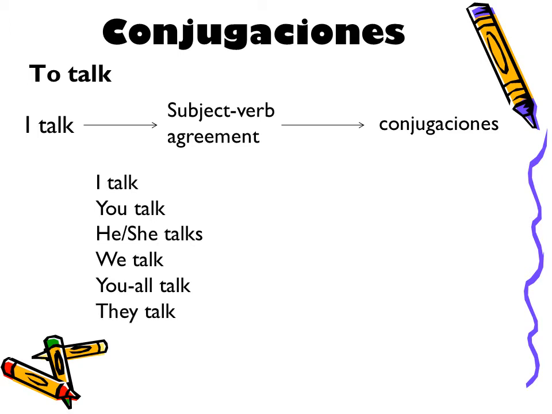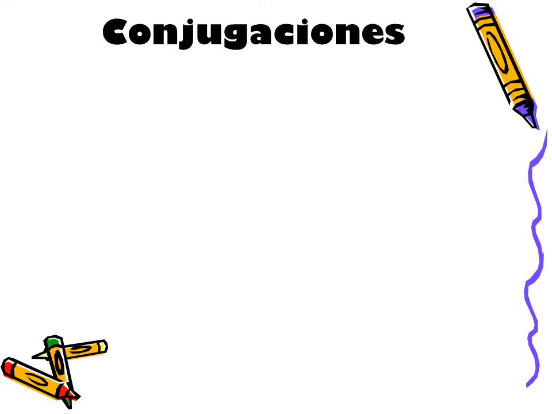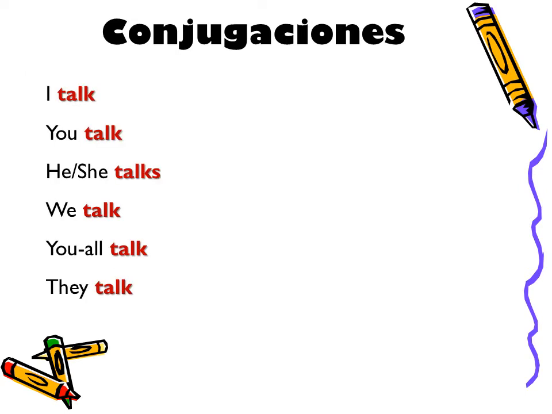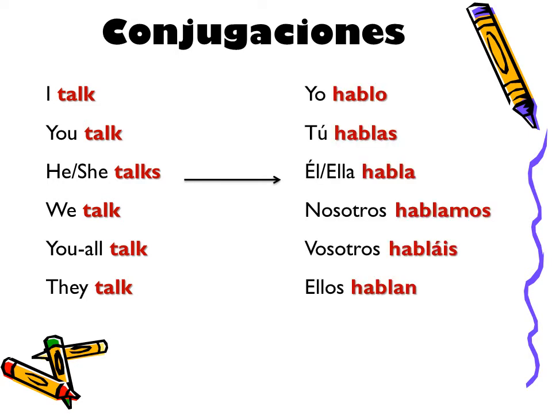Now we do the same thing in Spanish, but in Spanish, every single pronoun has a different form. So in English, you only have two different forms. And in Spanish, you have one for every pronoun.